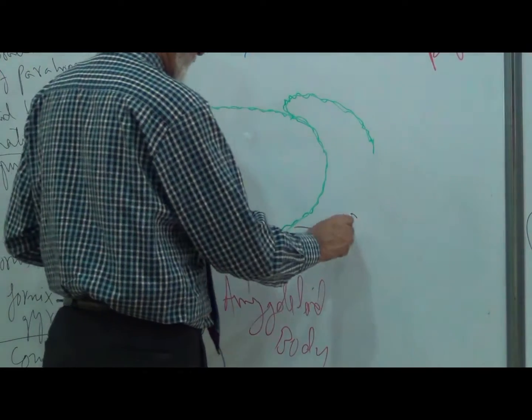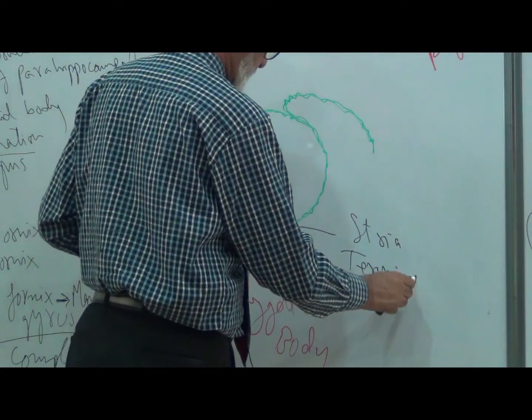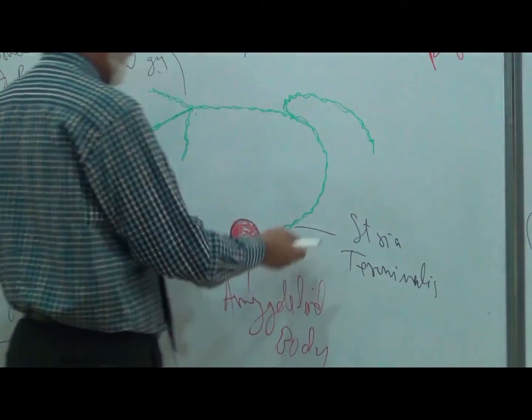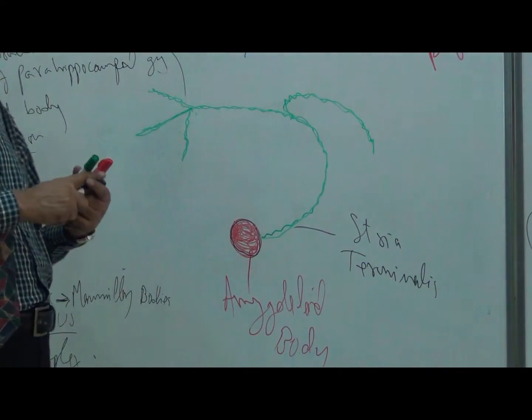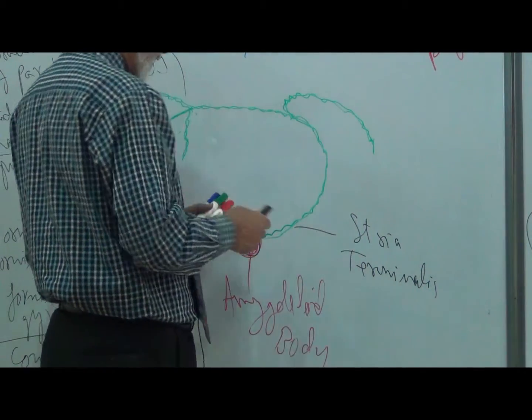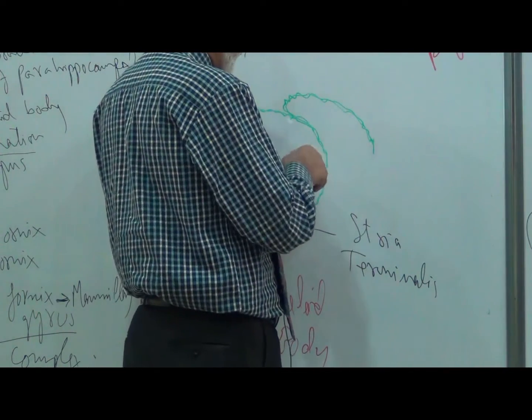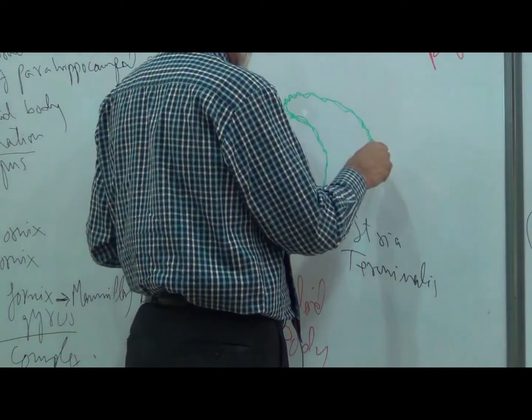These fibers run along the course of the caudate nucleus. Some of the fibers of the stria terminalis run backwards and downwards and terminate in the habenular nuclei.